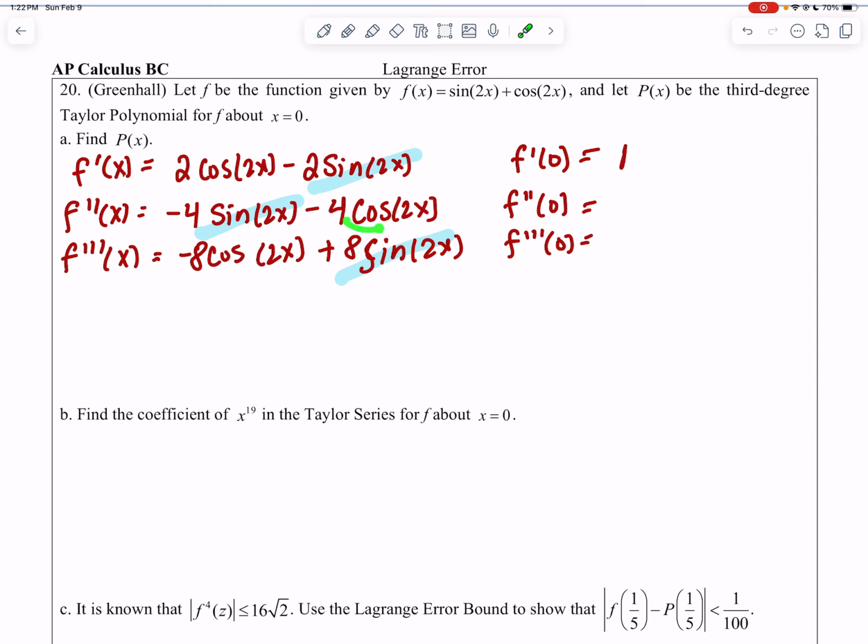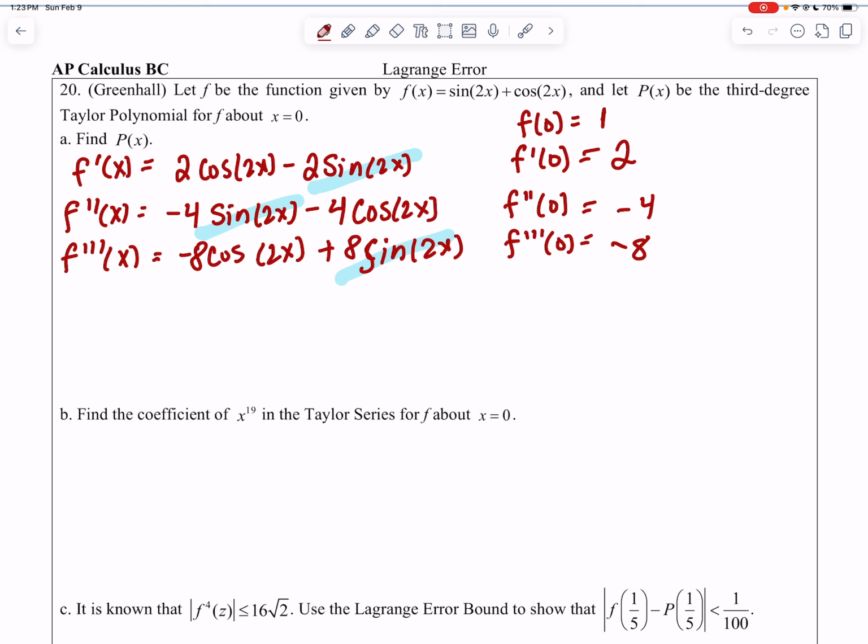Well, just kidding, not 1, 2. This is going to give me 2. This is going to give me negative 4. And this is going to give me negative 8. And then also, if I were to plug in 0 in my original, that's just going to be 1.